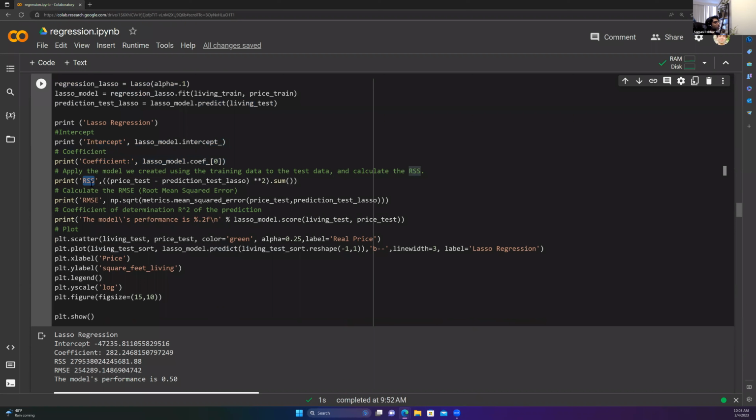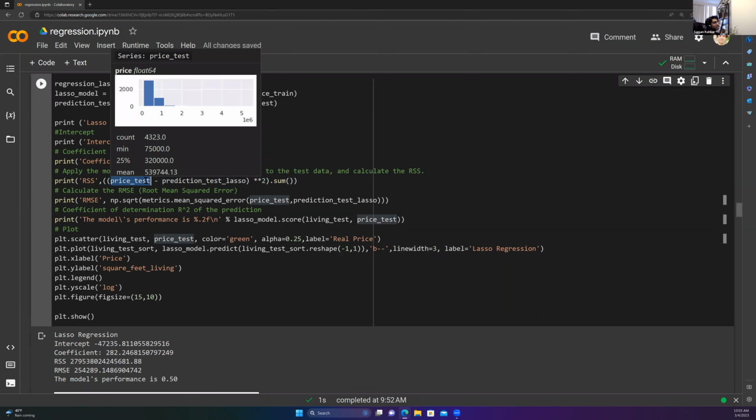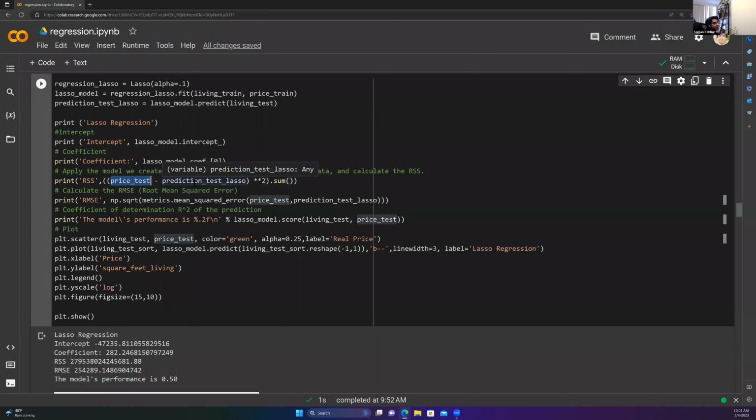And I calculate again the residual sum and the root mean squared error. The residual sum, as you can see, is implemented like this if you want to do it yourself. You have the actual price in your test set, you have the predicted price, the difference is raised to the power of 2, and you sum them.